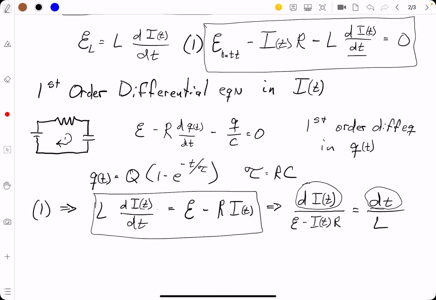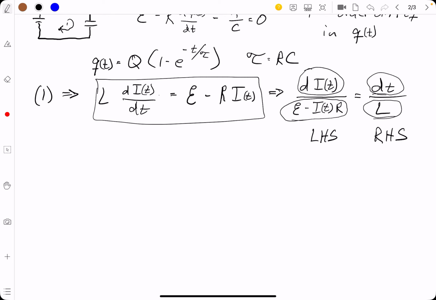Everything that's just a constant went with the dt, and everything that has to do with I of t went on the other side. So this makes our left-hand side, right-hand side work, and it should be a little more understandable this way.